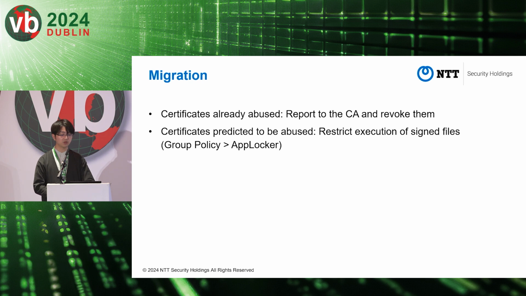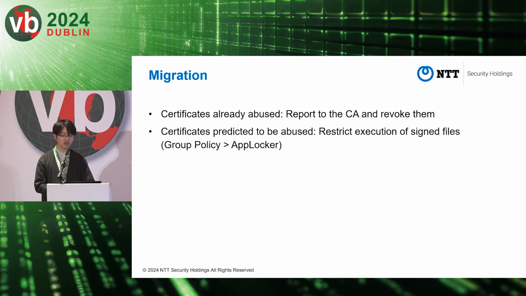Finally, let's consider countermeasures against this attack campaign from the perspective of certificates. We have collected certificates used to sign malicious MSIX files, and by reporting them to the certificate authority, it is possible to revoke these certificates.